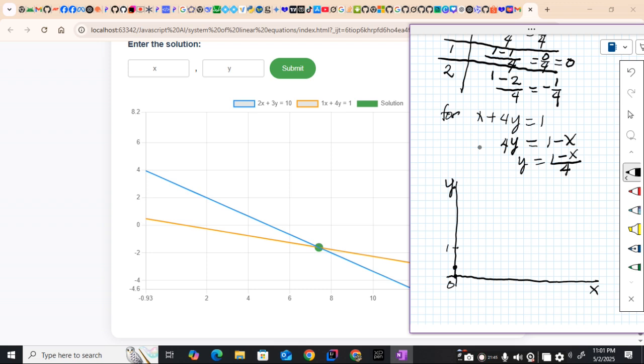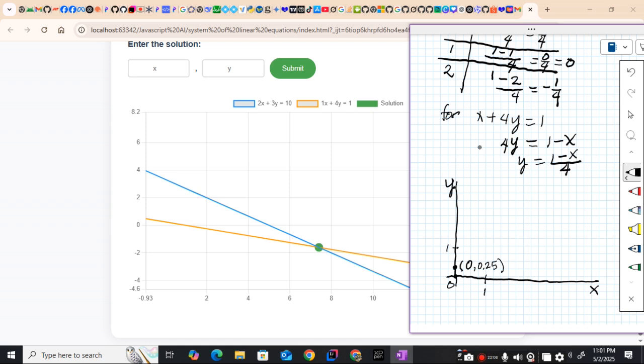So this is 1, and we divide it into 4 segments. So essentially this is 1/4, which is 0.25.